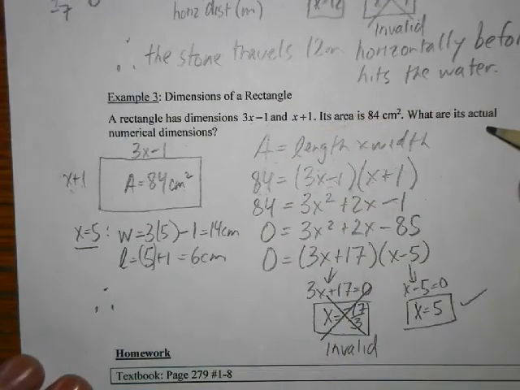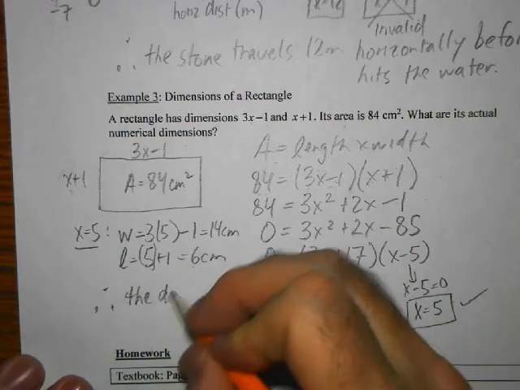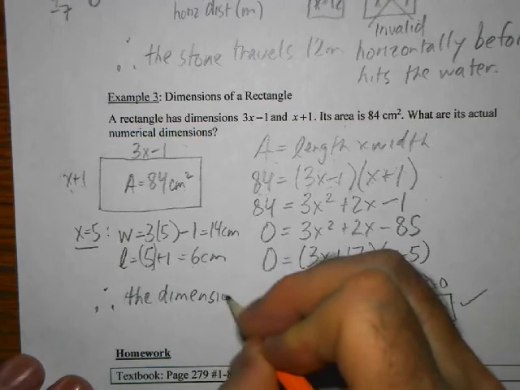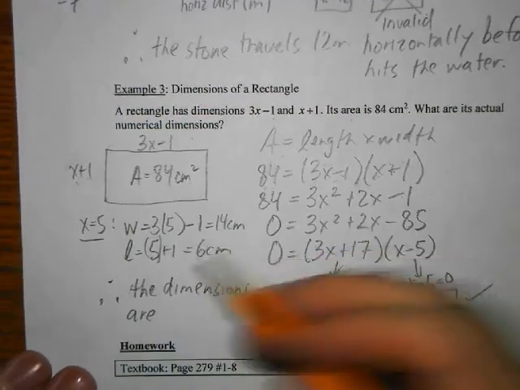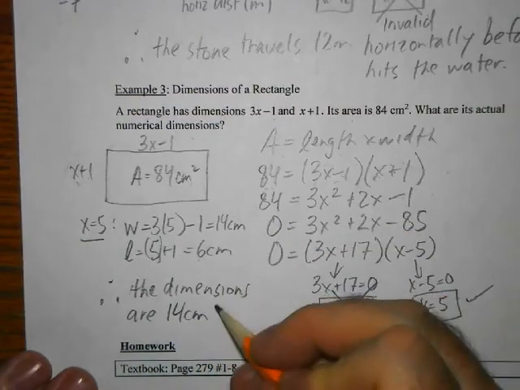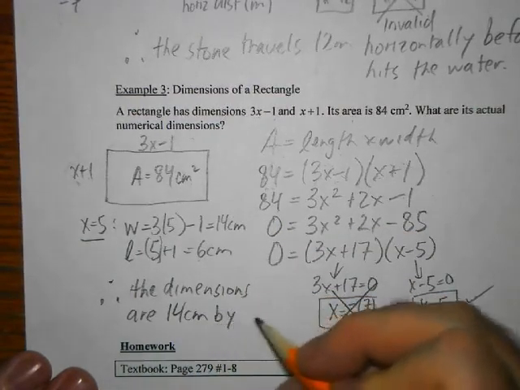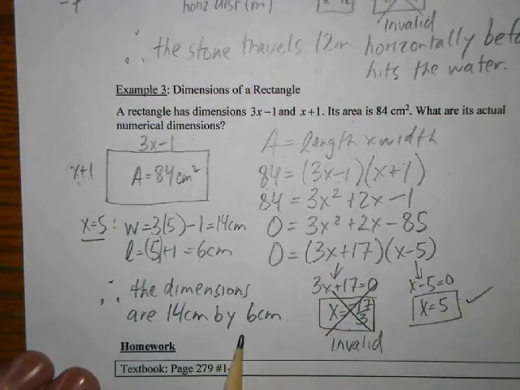So what are its actual dimensions? Therefore, the dimensions are, and usually when we mention dimensions, we just say, for example, 14 centimeters by, or you could put an x, 6 centimeters. And that tells you one of these is the length, one is the width.